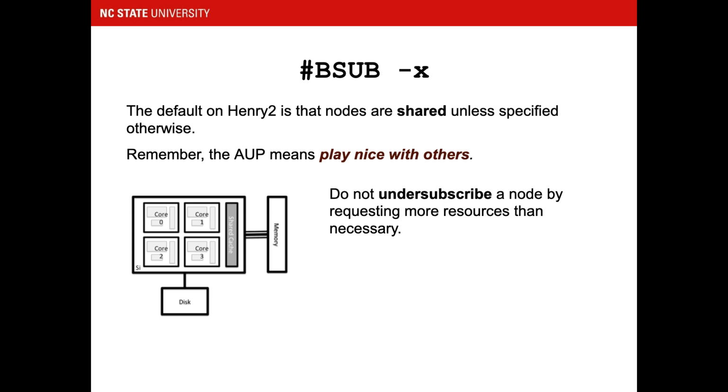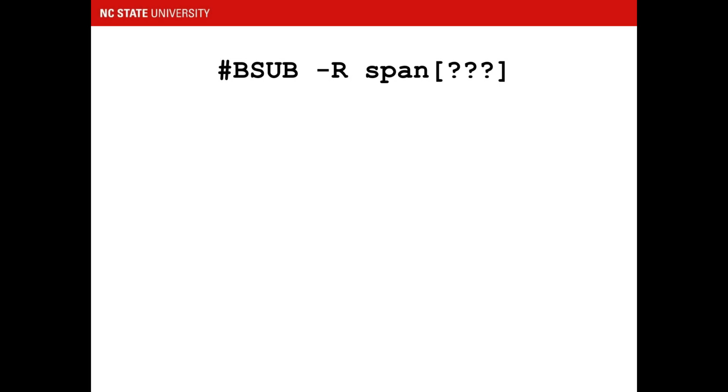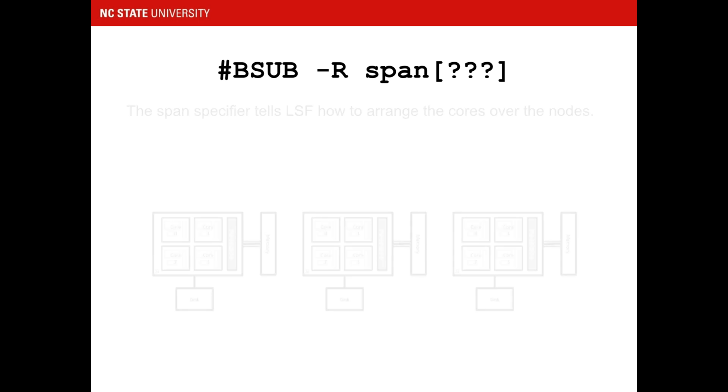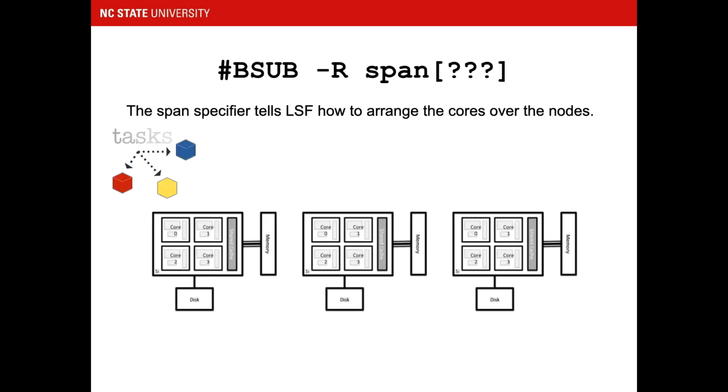Requesting more resources than necessary is not an efficient use of resources, and it unnecessarily increases queue weights for all users. The next optional specifier is bsub -R span. The span specifier tells LSF how to arrange the cores over the nodes.